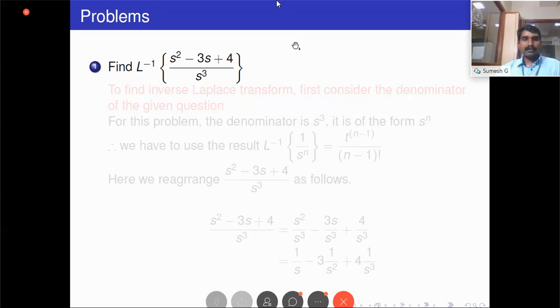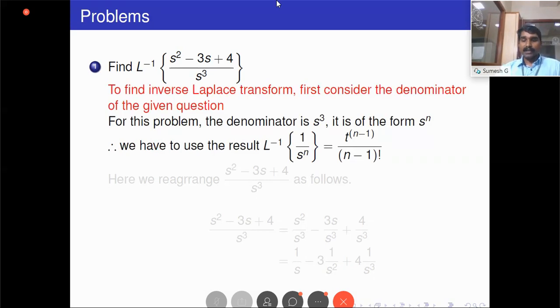So we have to use inverse of 1 by s raised to n equal to t raised to n minus 1 by n minus 1 factorial. To use this result, we have to rearrange the expression.